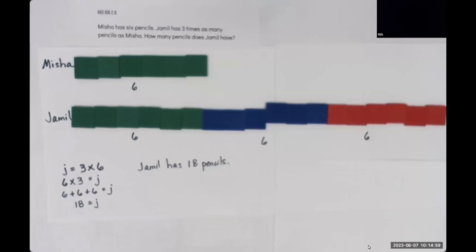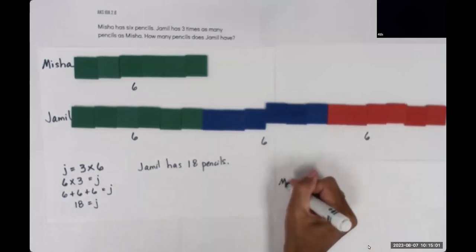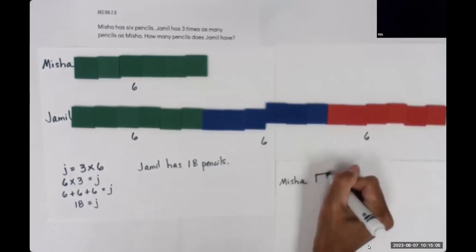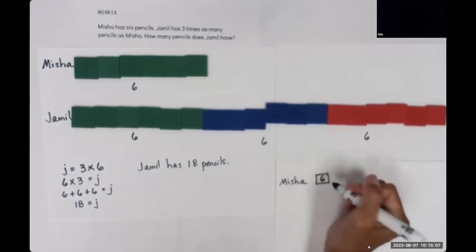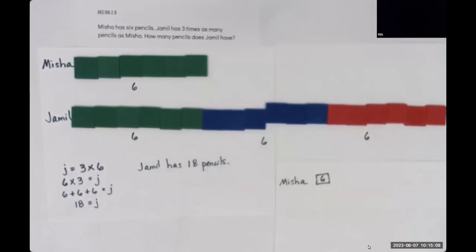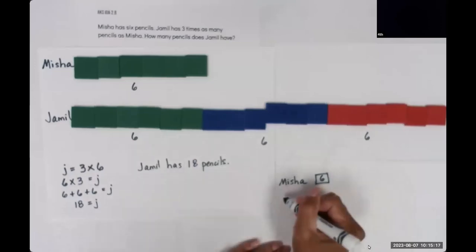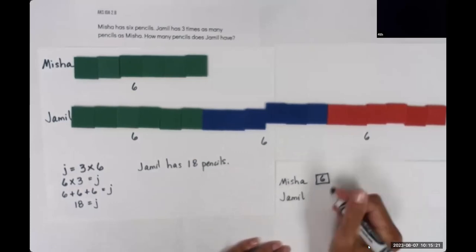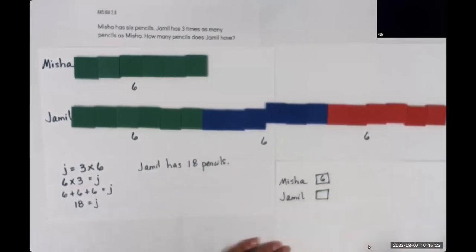So we could say Misha has 6 pencils and represent that with 1 box and a 6 for 6 pencils. Jamil has 3 times Misha's number of pencils.